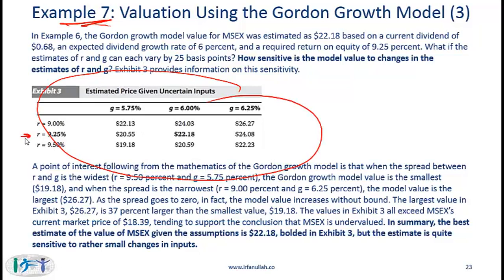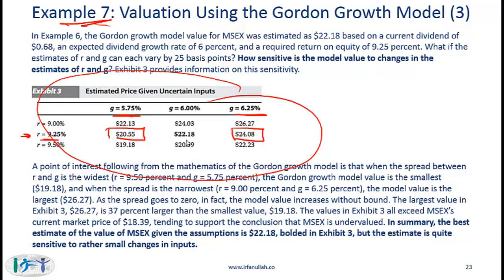If we assume a discount rate of 9.25%, then even a 0.25% variation in the growth rate causes a substantial deviation in the value. So if you think about a market price of about 20.5 versus 24, that is almost a 30-40% difference in the stock value that you are coming up with, given only a 0.25% change in growth rate.